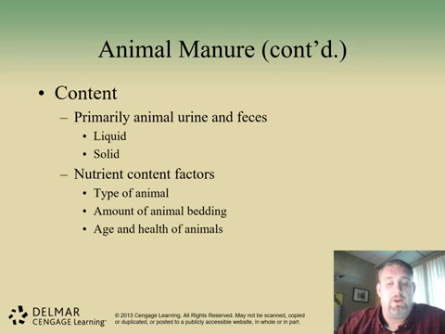Obviously, steer manure is something that is going to be abundant due to the dairy industry as well as the beef cattle industry, and it can be very beneficial. This is not typically as hot as other manures and can be used more directly, whereas, say, chicken manure is typically more hot, higher in nitrogen, and needs to be diluted before it can be utilized directly in a soil application.